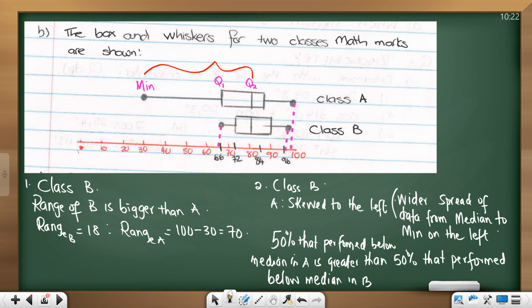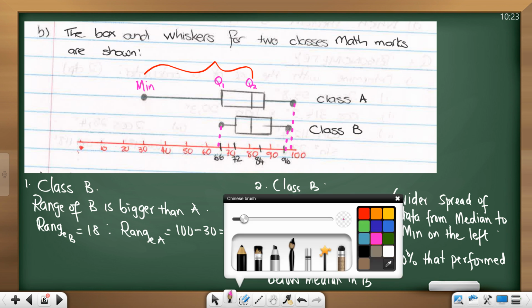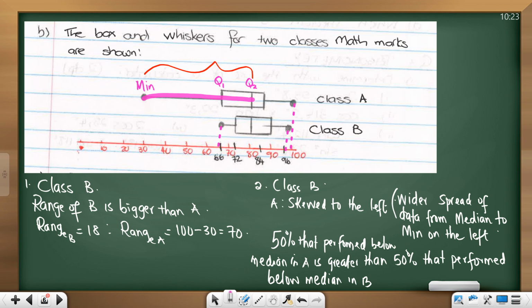Check. Okay, let's look up quickly. Look at the 50% that performed below median in A. Look at their marks. But look at the 50% that performed below median in B. Does that make sense? That's one of the reasons why class B did better. Look at the median to the minimum.